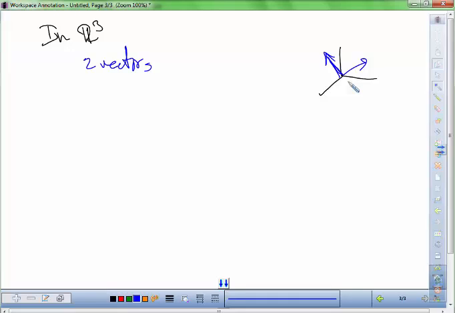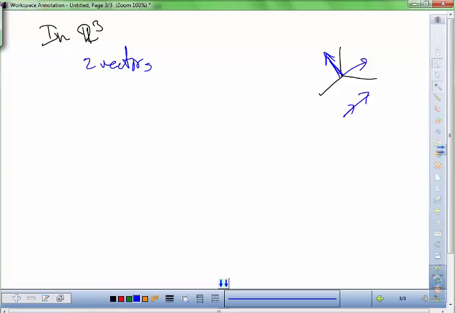Can you tell me something interesting about this particular plane that's spanned by a couple of vectors? Well, how about let's do it like this. What if these two vectors were actually pointing in the same direction? Then it's a line, right?